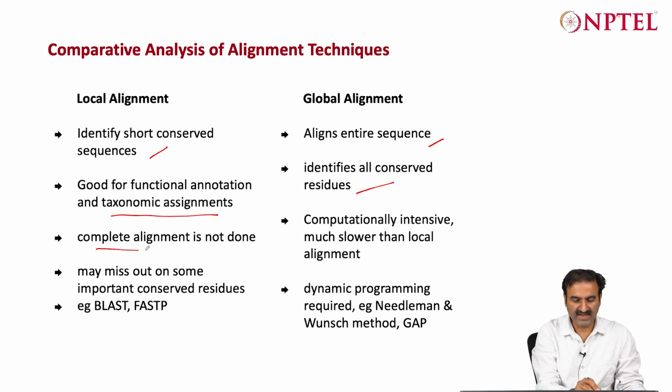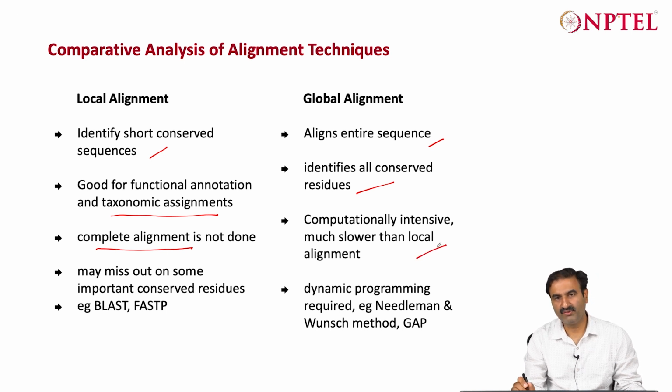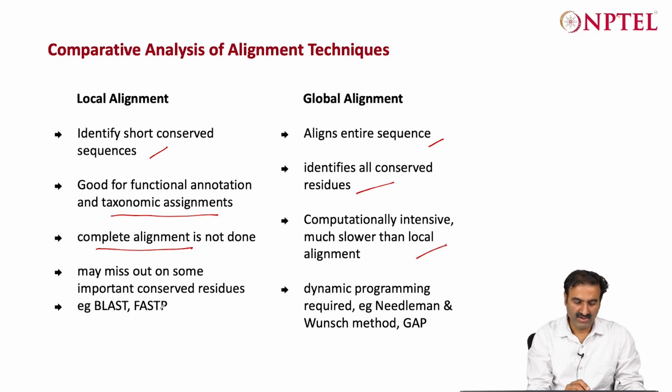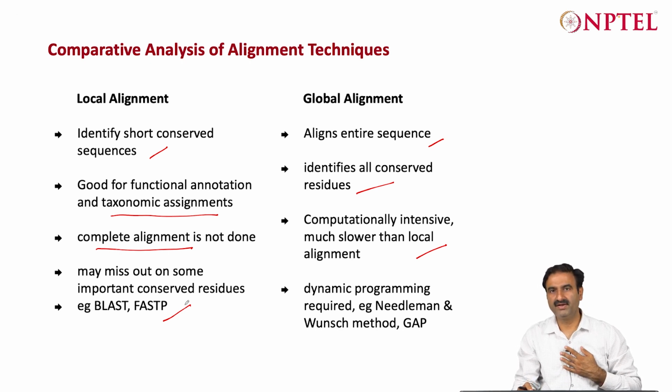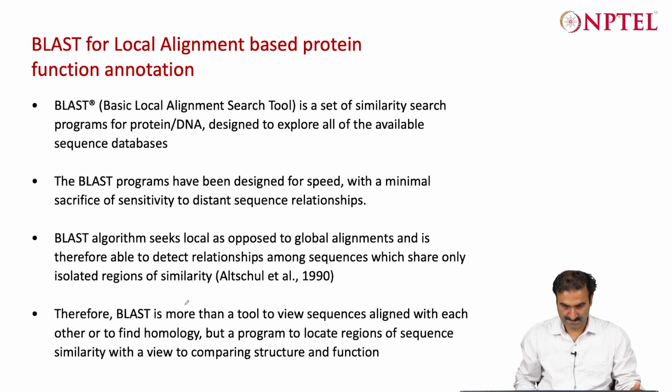In local, complete alignment is not done and not the objective, but in global we try to align from head to tail, and that is why global alignment may take more time. Of course in local we will miss out on some conserved residues, whereas in global we can cover those. For local the algorithm is Smith-Waterman, whereas global is a dynamic programming algorithm, the Needleman-Wunsch algorithm. These things we will see later.